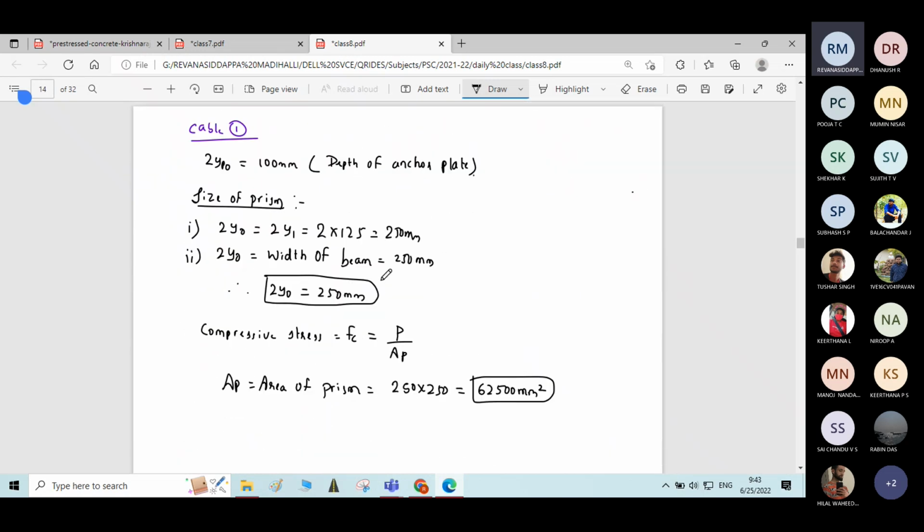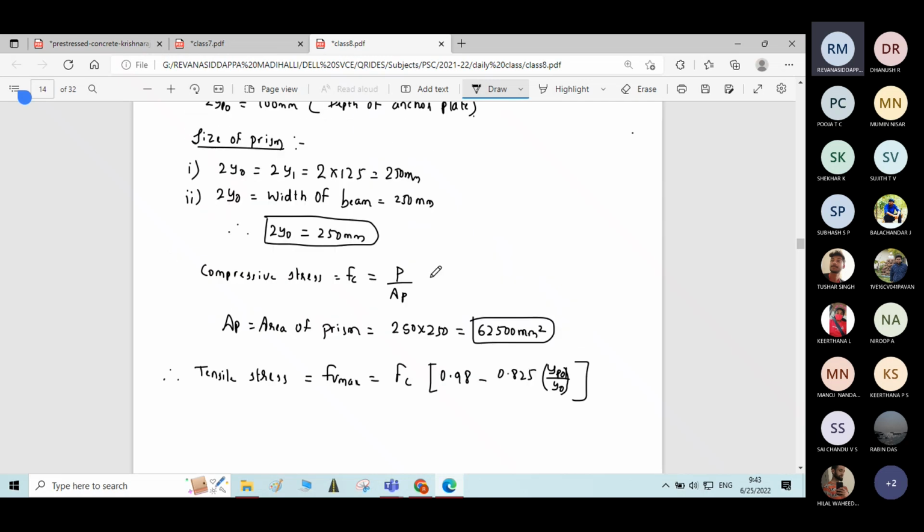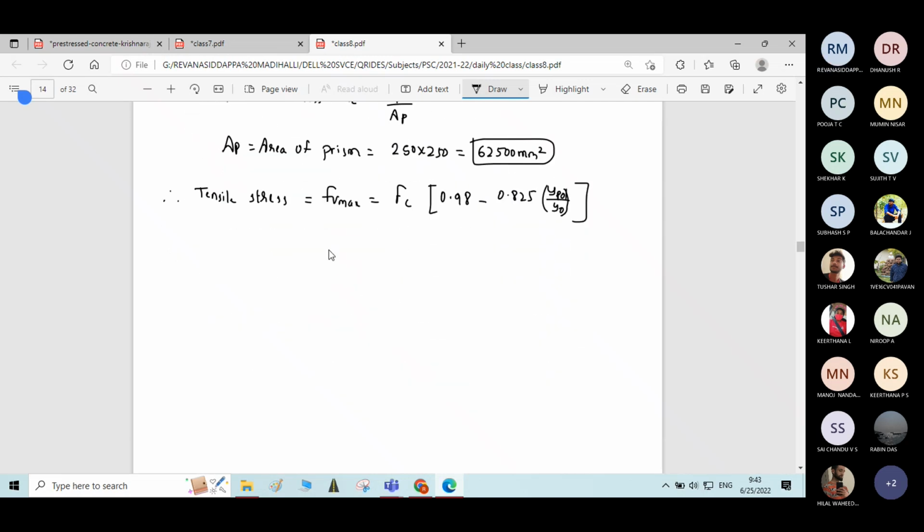Therefore, the tensile stress is Fe max is equal to FC into 0.98 minus 0.825 yp0 divided by y0.